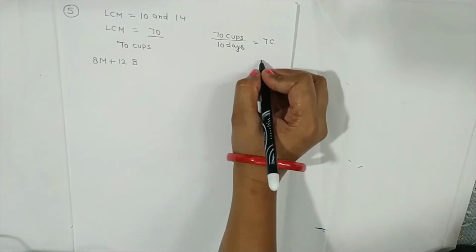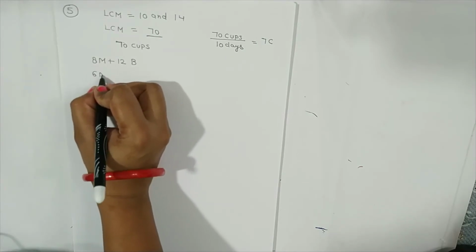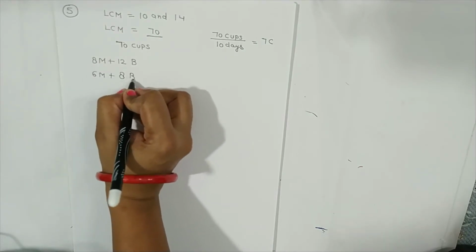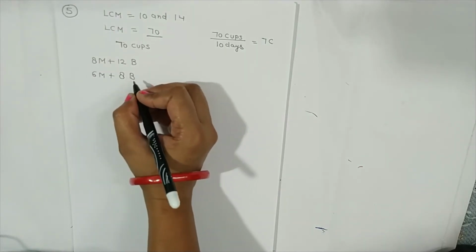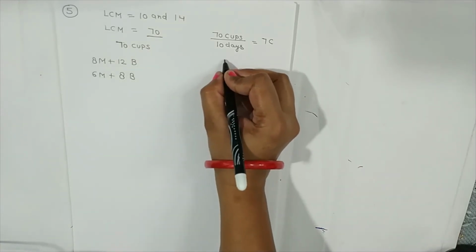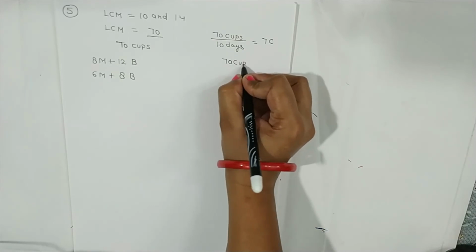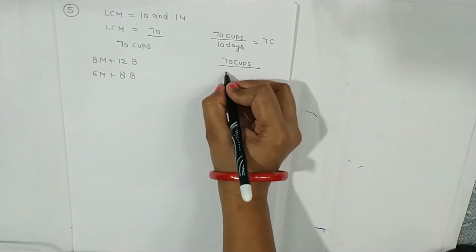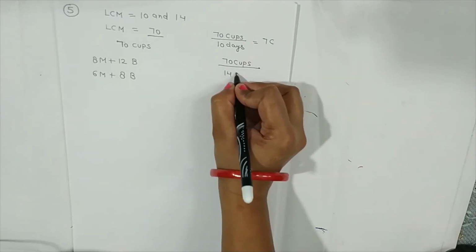Similarly, in 14 days, 6 men and 8 boys together, how many cups make? So it will be 70 cups divided by 14 days.